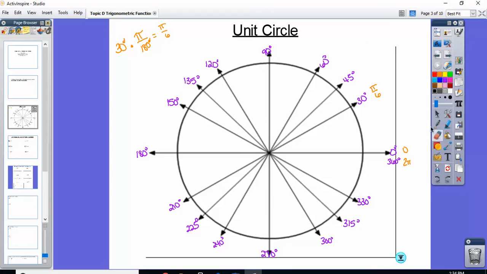So if you absolutely got stuck, you could certainly convert them by multiplying by the pi over 180, or 180 over pi if you were taking radians into degrees. 45 is pi over 4. 60 is pi over 3. 90 is pi over 2. Jump down here, 180 is the same as pi.